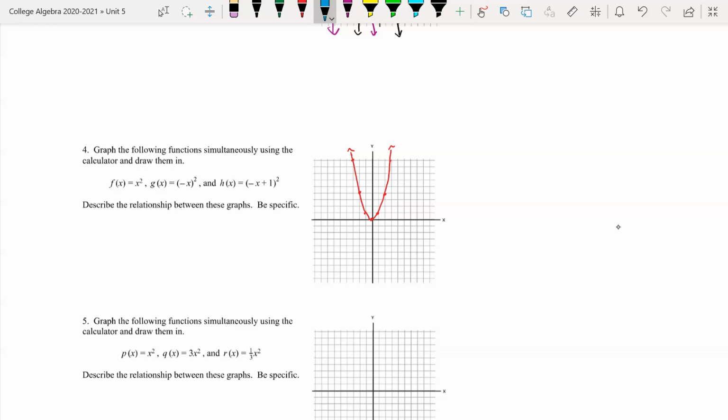Again, our red graph doesn't ever change. This time the blue graph is just like the red graph, and the green one's pretty similar.